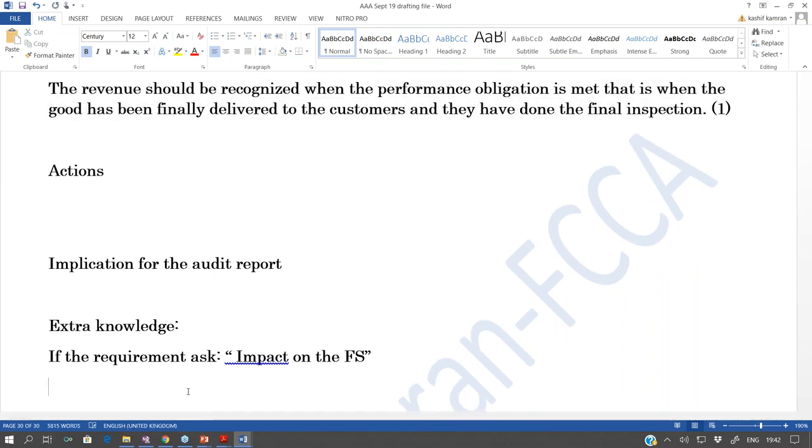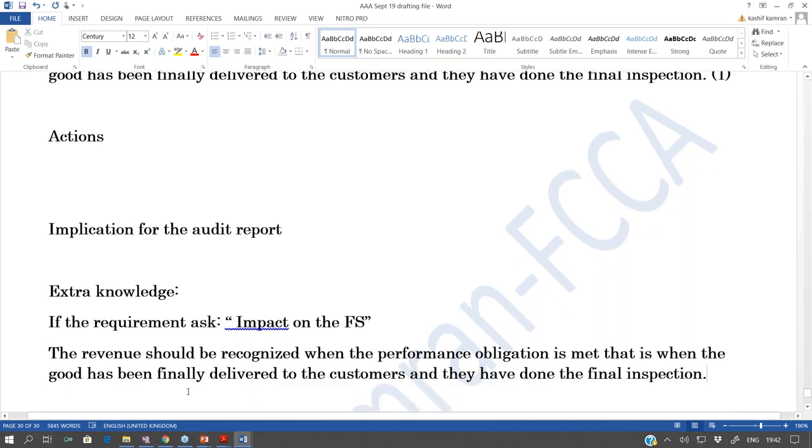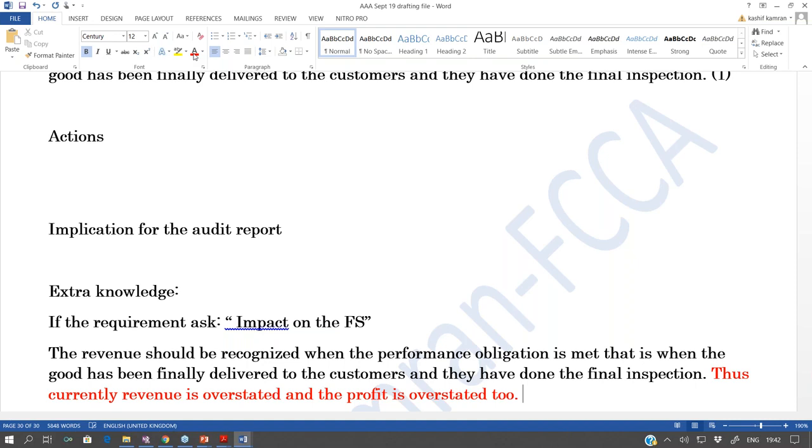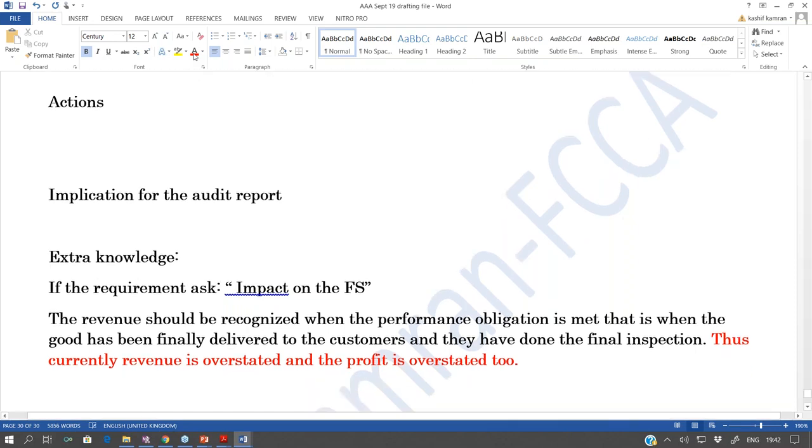I'll bring it down, and after the full stop, I'll write a line in red. Thus, currently, revenue is overstated and the profit is overstated too. Can you see the impact on the financial statement?